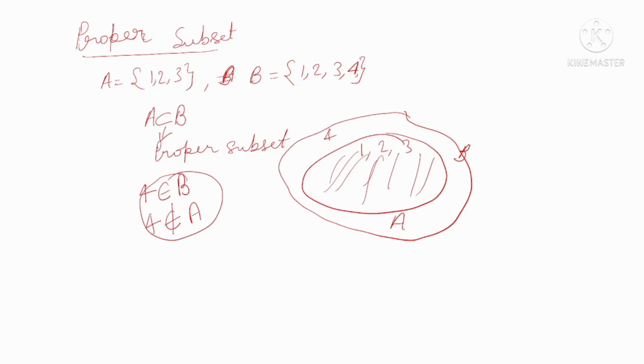Now next, it is given universal set. What is a universal set? A universal set is denoted by capital U. A universal set is a set in which elements of all possible sets are there.